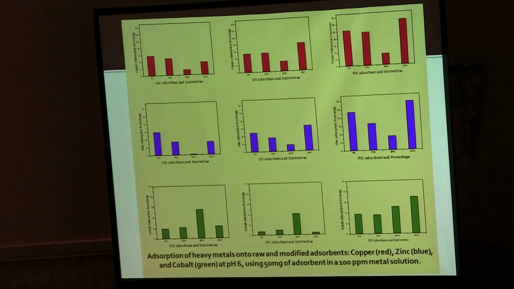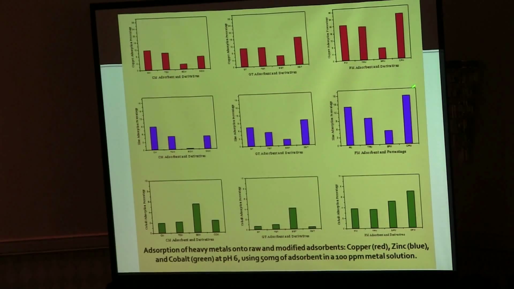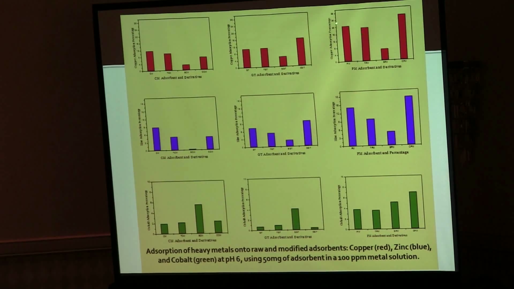As we can see from the results, the carboxylation definitely is increasing. The adsorbent prefers the carboxylation. This is the control, the no modification, and then that's for the carboxylation. Peppermint definitely prefers to get carboxylated to do the adsorption.